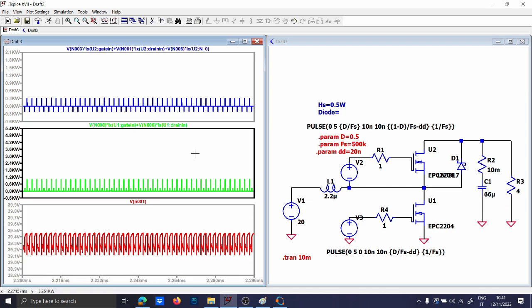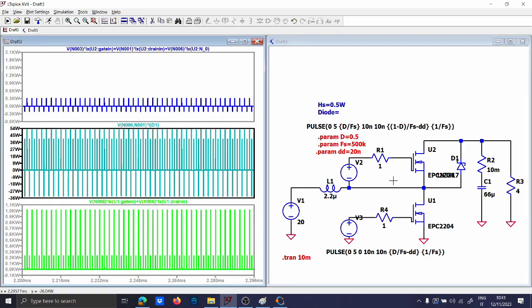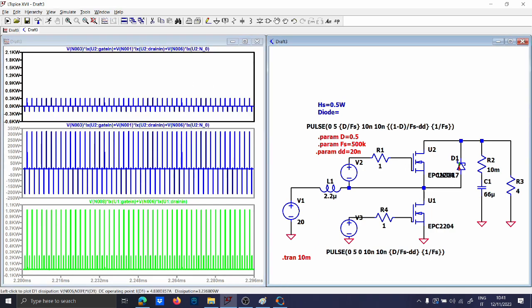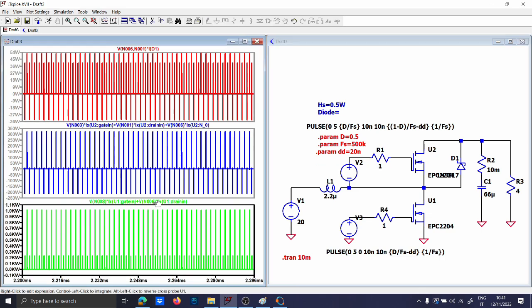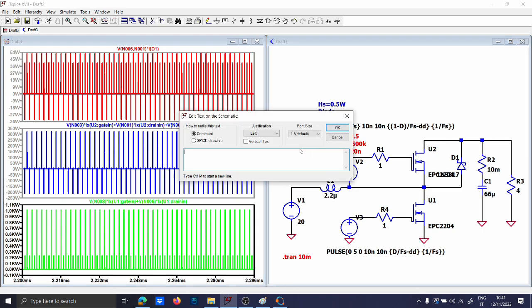And now we can calculate the real losses of this circuit. So high side, low side, high side, and diode. Okay, so for the low side we have 1.87. So low side 1.87 watts.